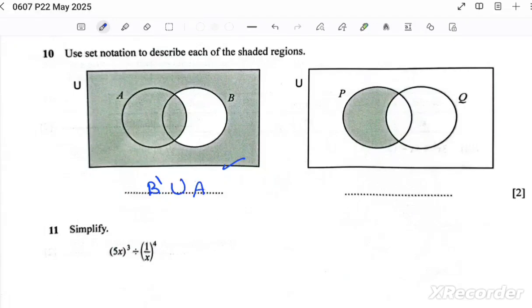Next part, you look again and there is an intersection there.